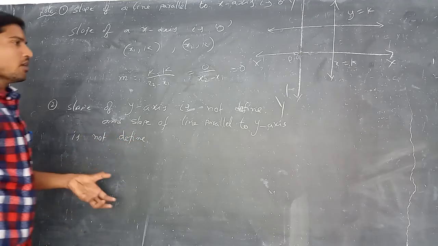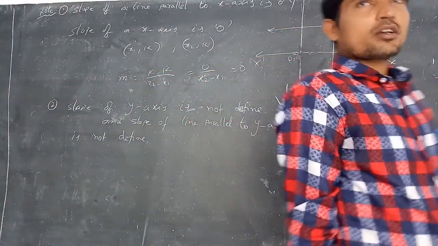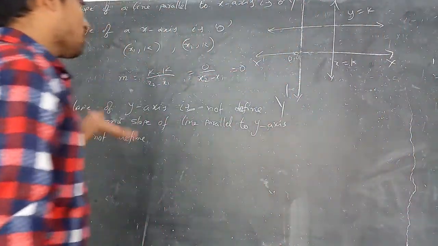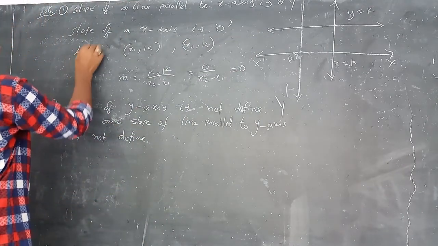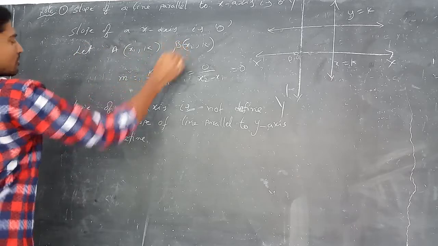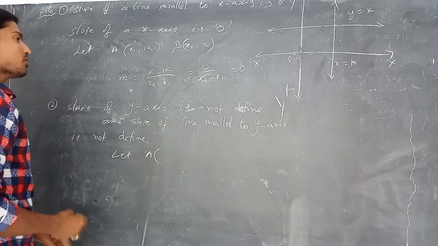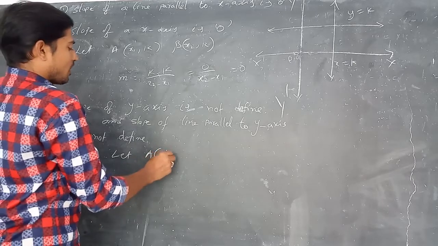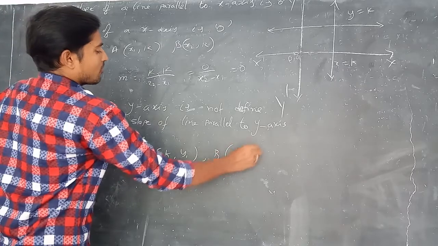In the same way, here x is constant. Let us suppose the points a and b. Let a be k comma y1, and b be k comma y2.